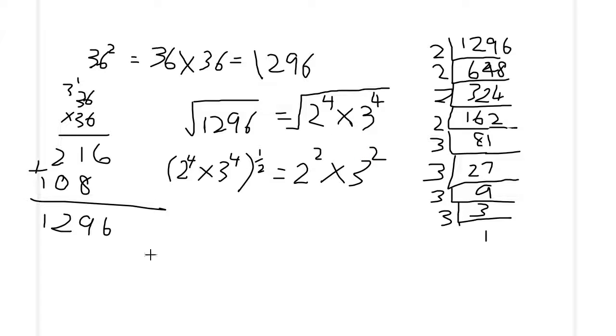Another way you can look at this is taking out a power of 2. So basically I'll just write it down: 2 to the power of 2 times 3 to the power of 2, and you square this and you square root.